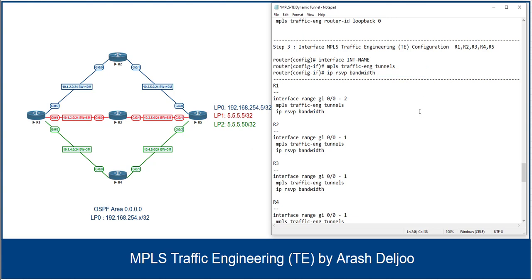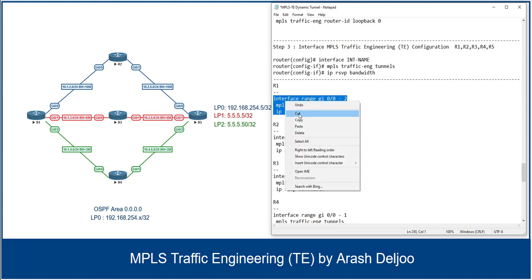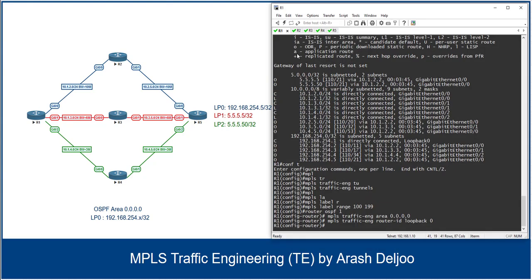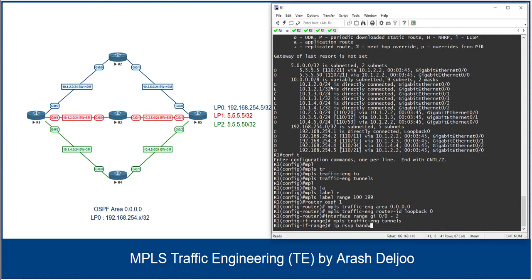You can configure only ip rsvp bandwidth, which means RSVP can reserve all bandwidth of the interface. Because of that, in router 1, we only need to use interface range GigabitEthernet 0/0-2, mpls traffic-eng tunnels, and ip rsvp bandwidth. Let me copy these commands and paste them on the R1 CLI.